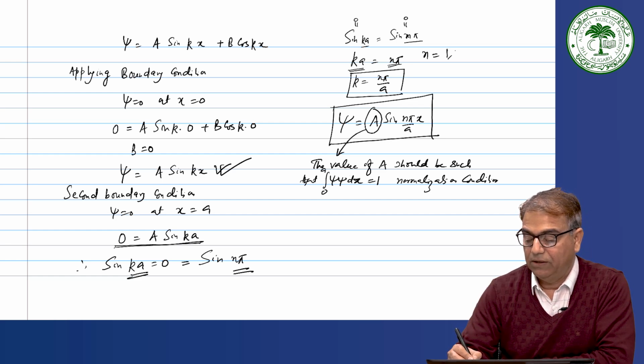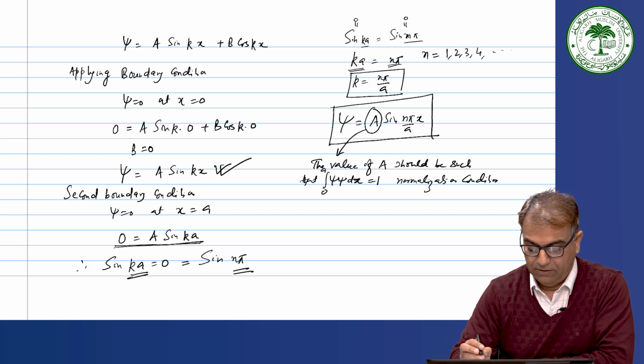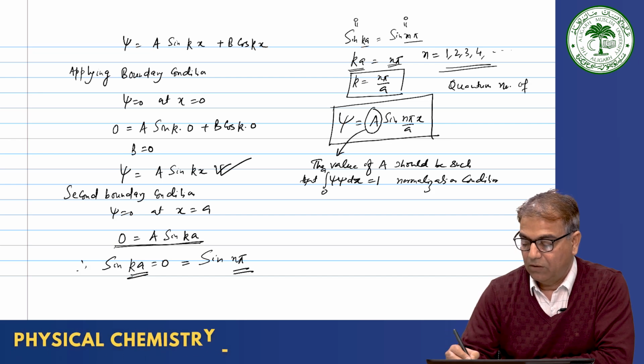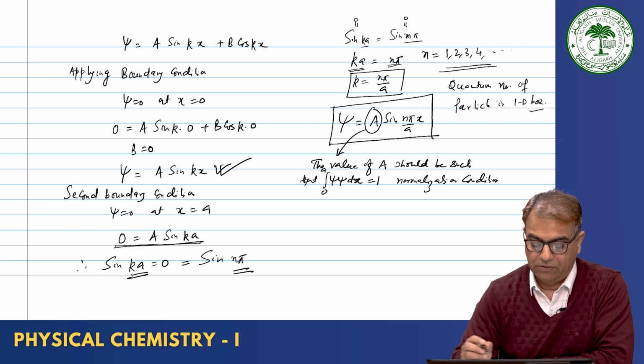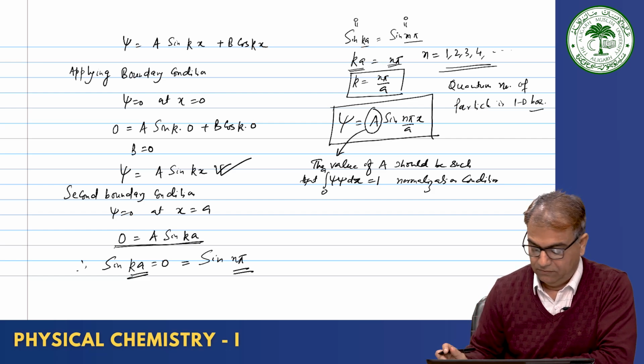The n value will be 1, 2, 3, 4 and so on. This is called the quantum number of the particle in a 1D box.